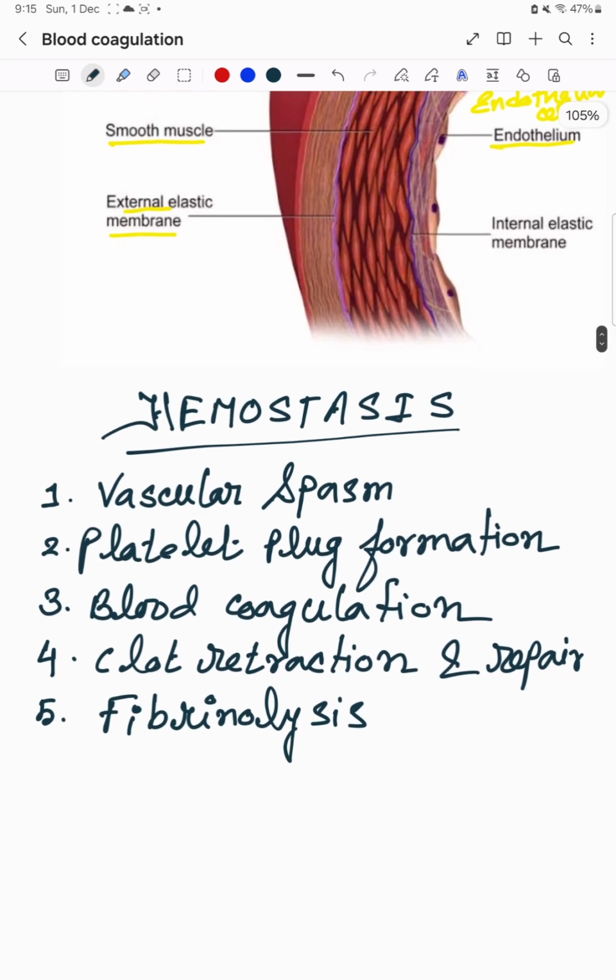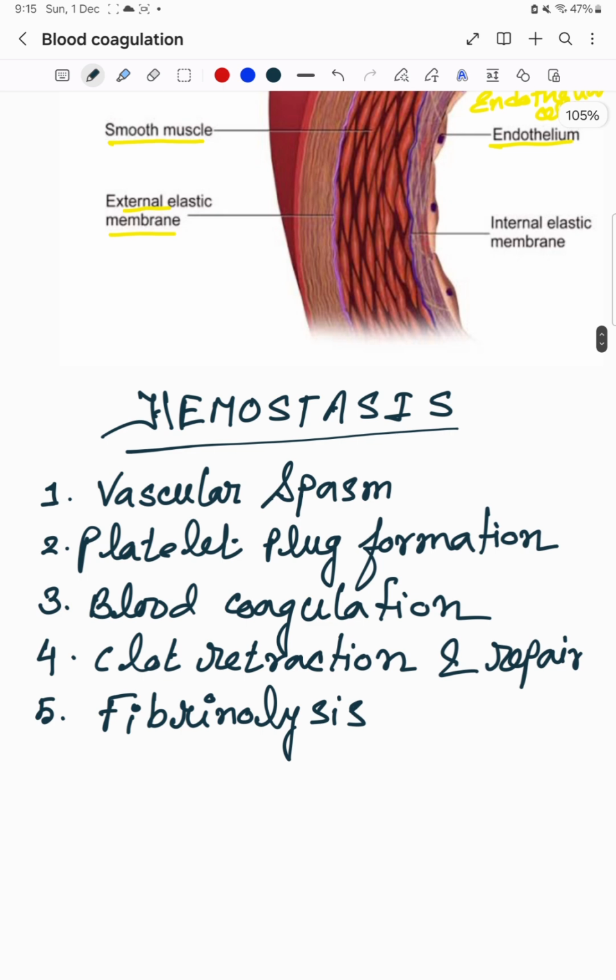Before blood coagulation, there occur another two steps, and this whole process, from the activation of platelets to the formation of the blood clot, this whole phenomenon is known as hemostasis. What is it called? It's hemostasis.